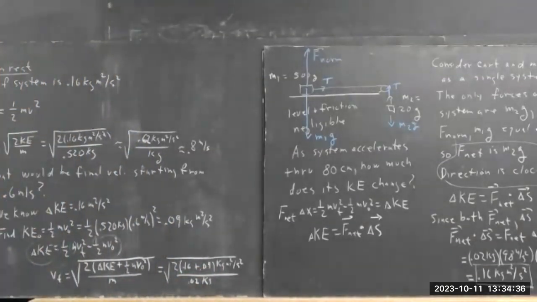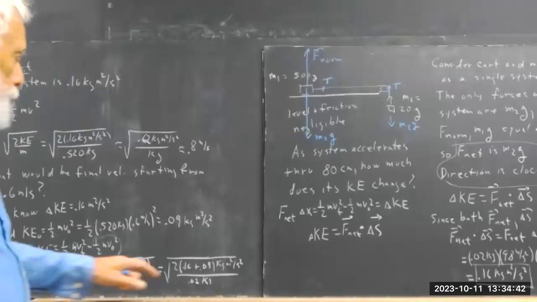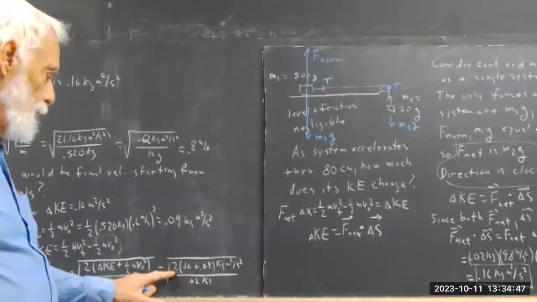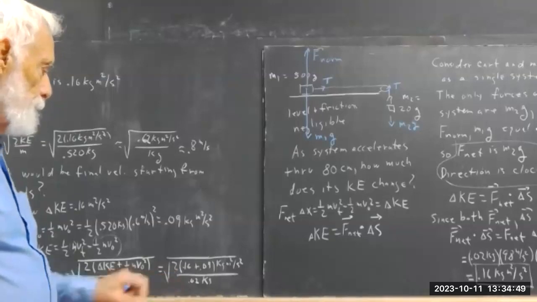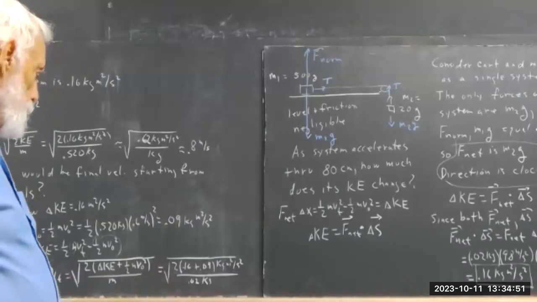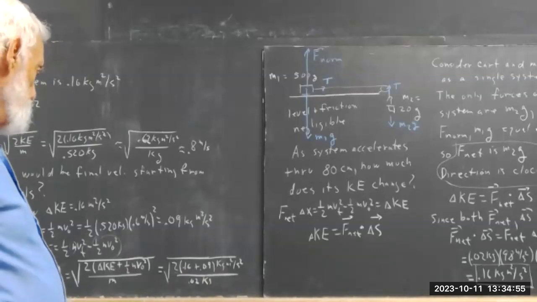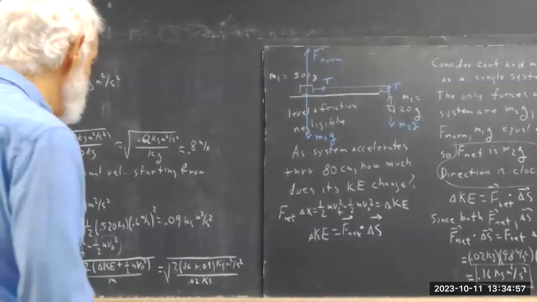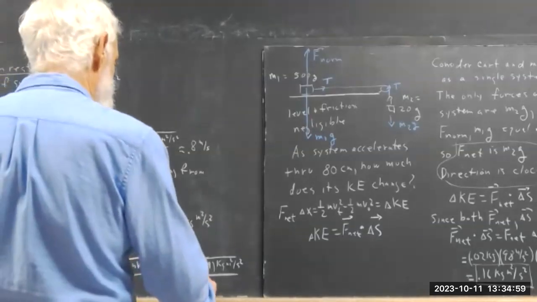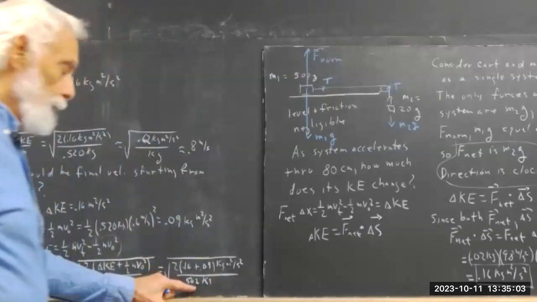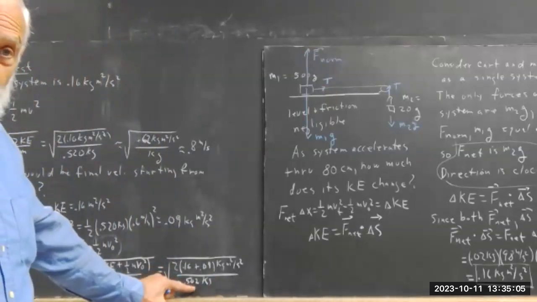Then we get all this, okay? This adds up to 0.25, that gives us 0.5. We divide 0.5 by 0.02, we get 100. So we're gonna get like 10 meters per second, so I did something wrong. Oh, m is, look what I did, I put that 0.02 kilograms down here.